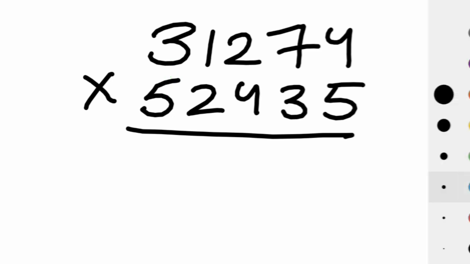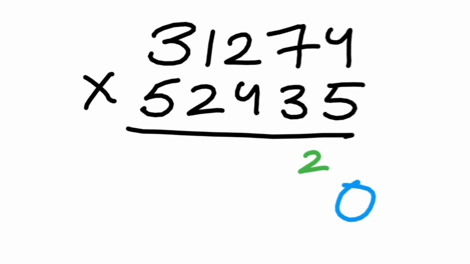So let's do it. 5 into 4 will be 20. We will write 0 here. 2 will be carried. Then we will multiply 7 into 5, which is 35, plus 12, which will give us 47. 47 plus this 2 carried will give us 49.